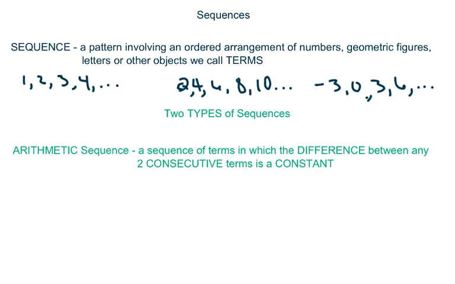Now, I am not going to draw any geometric figures, but literally we can do this with shapes, and we'll do some of that as we get into the practice. So that's what a sequence is.